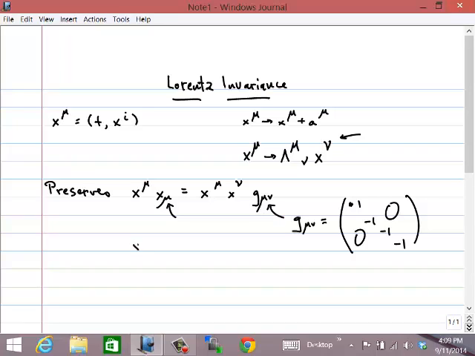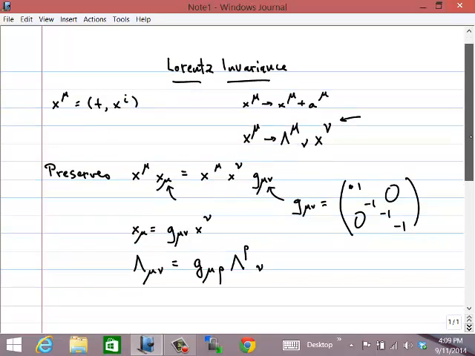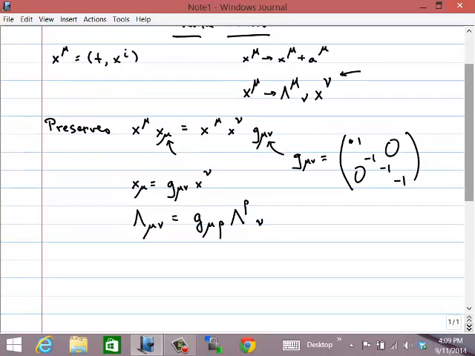So for example, x_μ is g_μν x^ν, or if I wanted to take this 4x4 Lorentz transformation matrix, I could define Λ_μν to be, for example, g_μρ Λ^ρ_ν. So here all I'm doing is using my metric g_μν to lower indices.